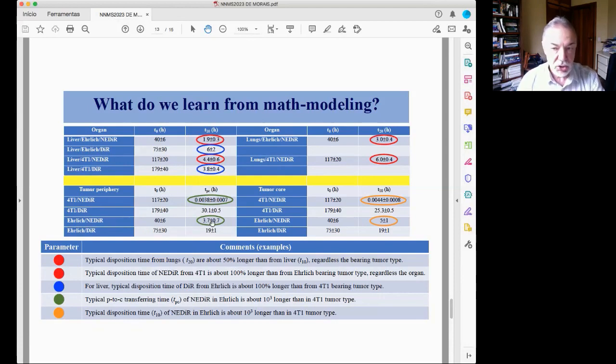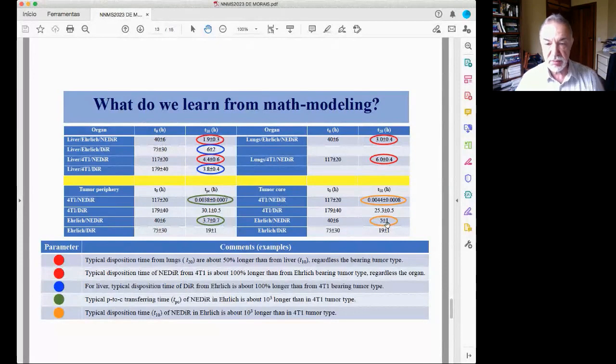So you can never extract this conclusion if you don't perform a mathematical analysis. The same thing you can see for the typical disposition time: if you compare the 4T1 with Ehrlich, it is also about 3 orders of magnitude longer in the Ehrlich tumor.